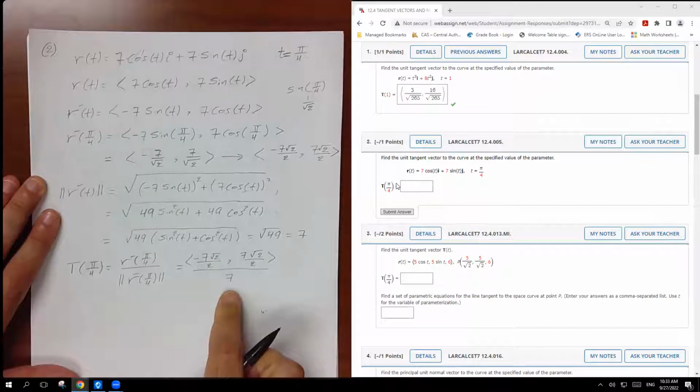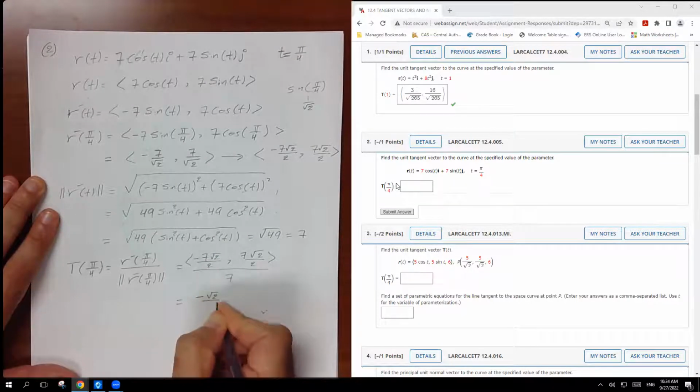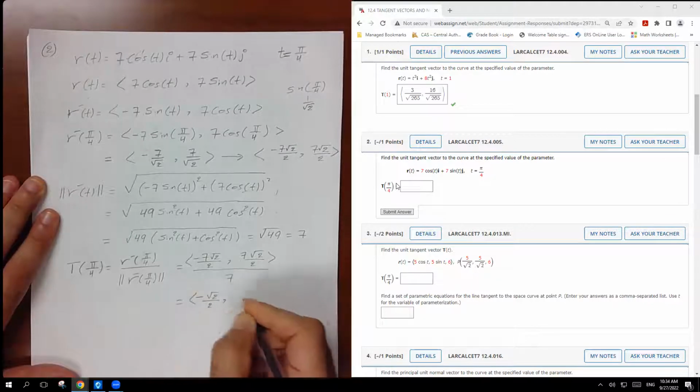You cancel the 7, so it's going to be negative square root of 2 divided by 2, and here square root of 2 divided by 2.